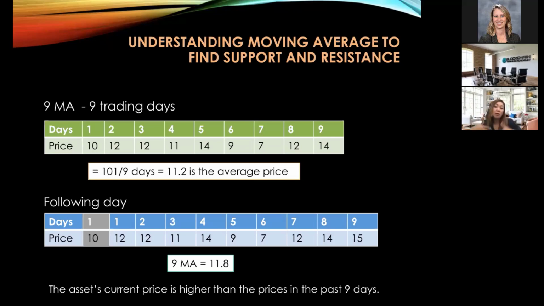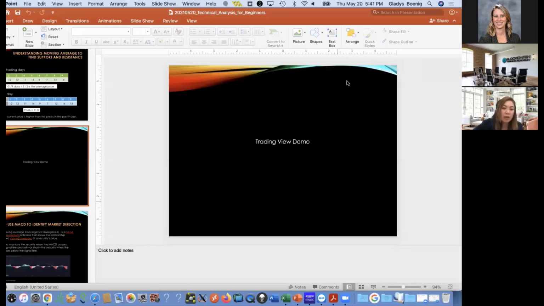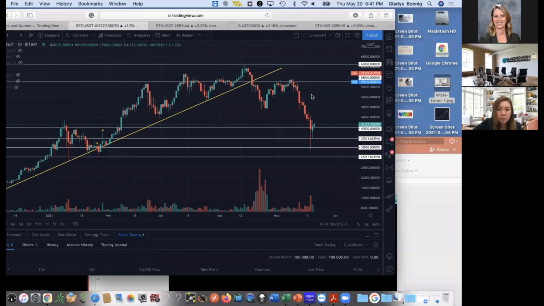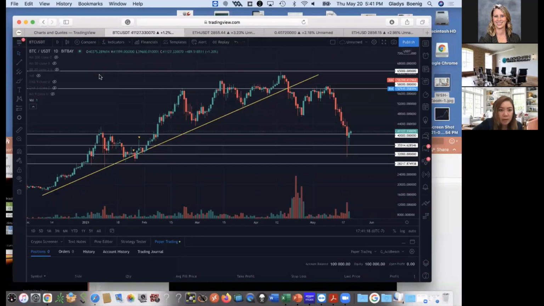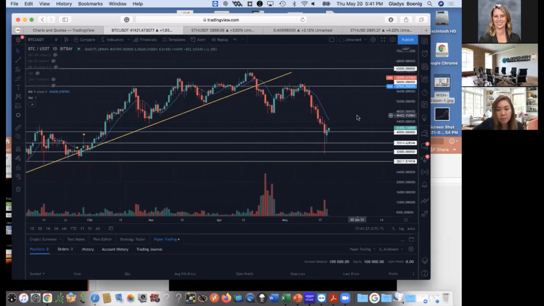Now, this is also where we can find problems when they do a crossover. So I'm going to show you what moving averages are in TradingView. So this is our Bitcoin, and I have the 9-day moving average right here in blue.